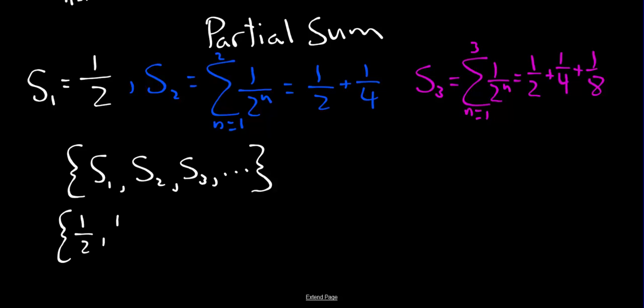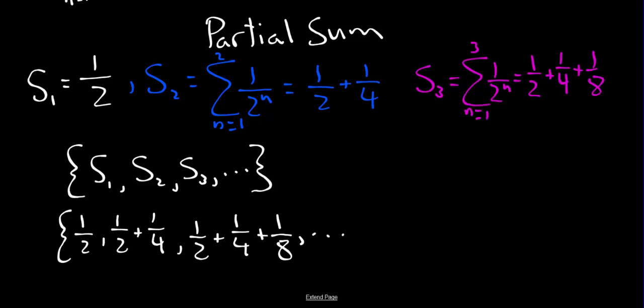Then this one over here is 1/2 plus 1/4, then 1/2 plus 1/4 plus 1/8, and so forth. We could keep putting in those, but these are terms of a sequence. So these partial sums, we could think of them as terms of a sequence.